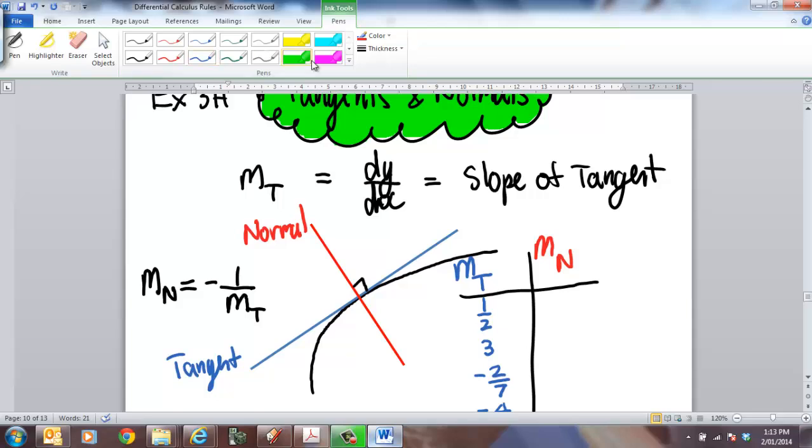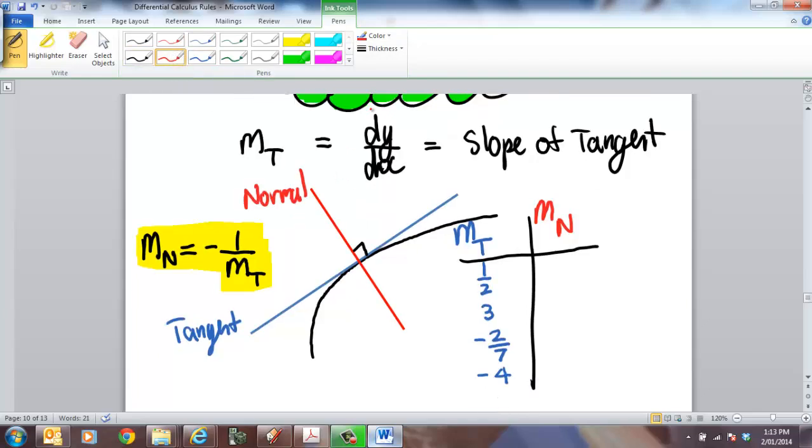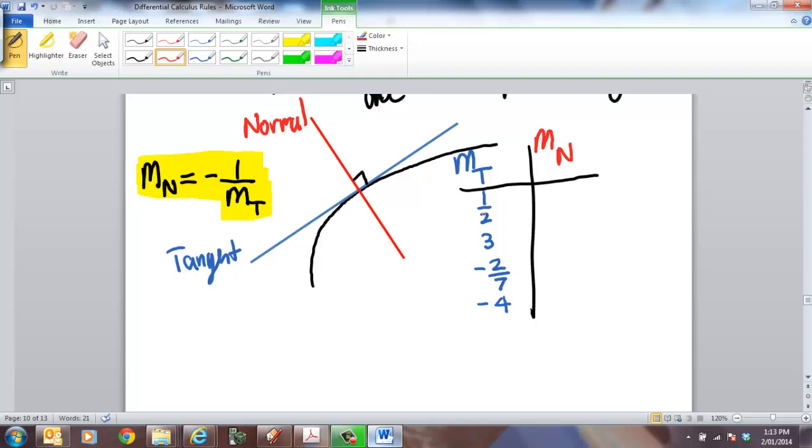Now, the slope of the normal is minus the inverse of the tangent. I know you learnt this last year, but let's go through that again. Let's say you've done your differentiation and found the slope, dy/dx, to be equal to 1/2, then the slope of my normal is going to be minus 2 over 1, which is equal to minus 2.